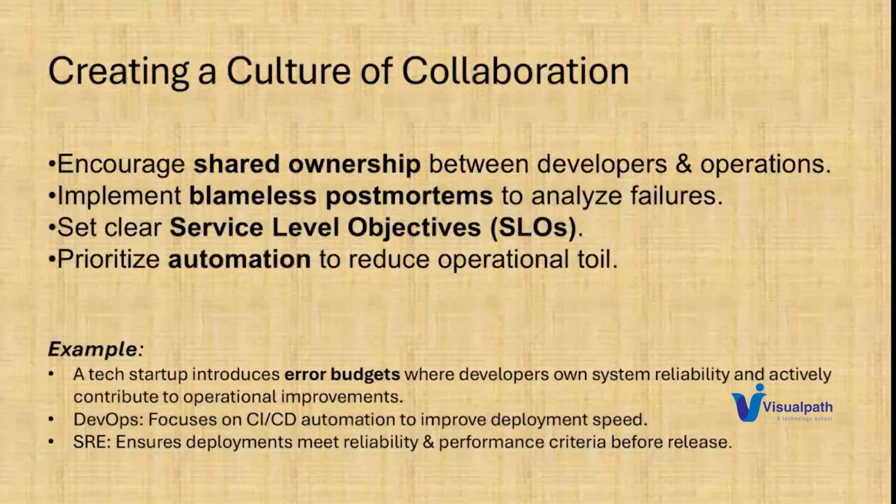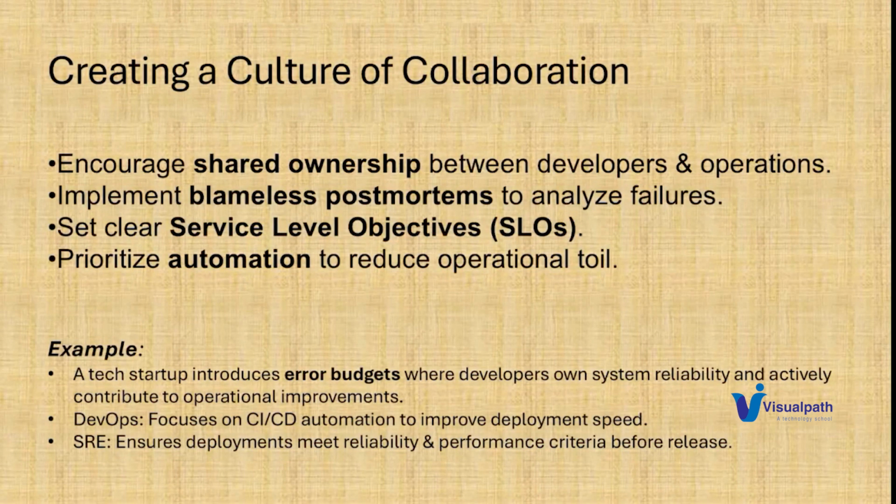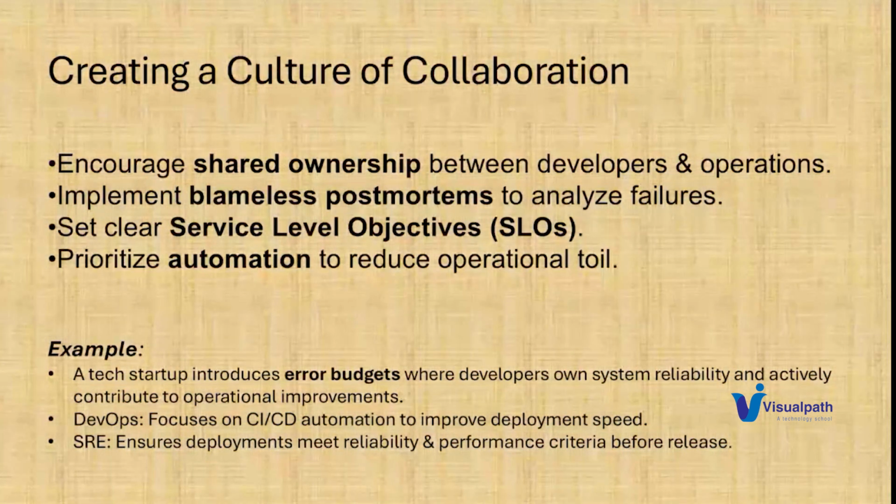Then the other thing would be setting clear service level objectives in our SLAs, service level agreements, and prioritizing automation to reduce operational toil. So, prioritize automation, for example: SRE culture focuses on reducing manual work.